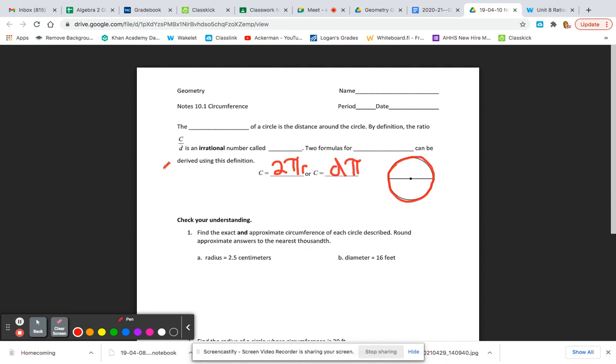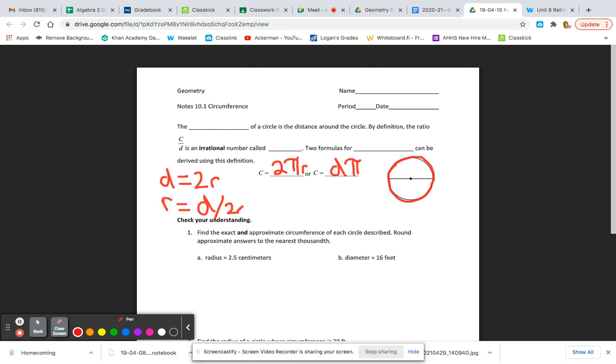So that is important information that you're going to want to keep somewhere: when we are talking about the diameter, I can just do 2 times the radius to find that. Or if I need to find the radius, I can take the diameter and cut it in half.